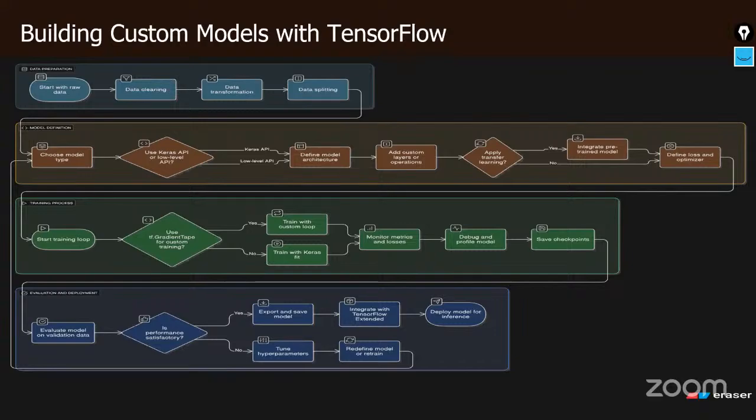Okay. So here, after this, we have the choice of using the Keras API or the low level API. Here, it will describe the trade-off, high-level ease and rapid prototyping versus low-level flexibility. Okay, so here, first we are defining our model architecture.